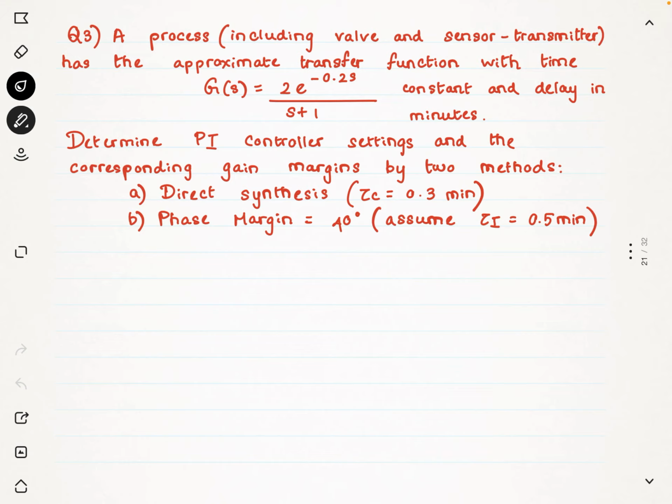So let me read question 3 here. A process including valve and sensor transmitter has the approximate transfer function with time constant and delay in minutes. So the transfer function is 2 into e power minus 0.2 s by s plus 1. So we have to assume that there is a PI controller and we have to find the corresponding gain margins by two methods.